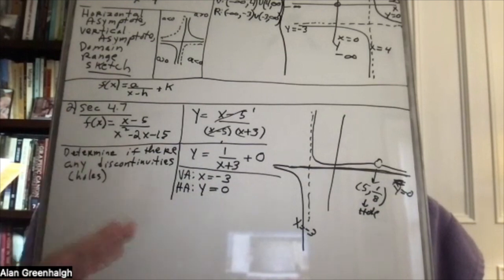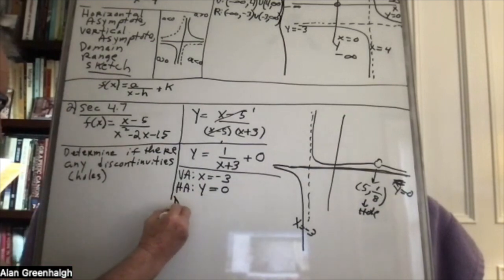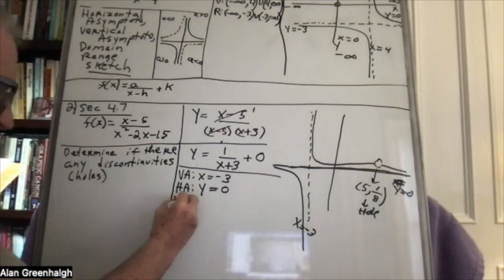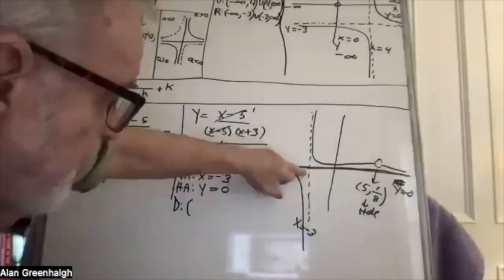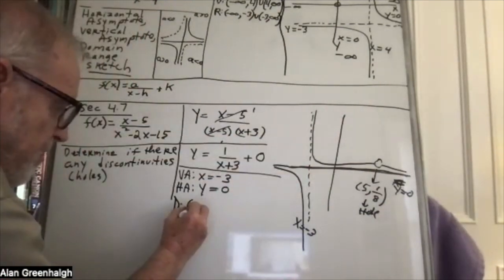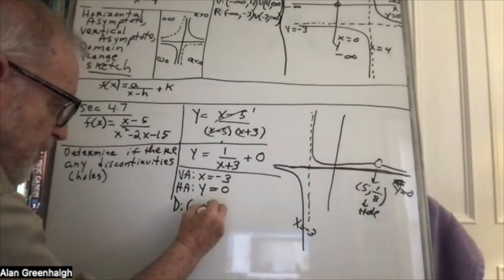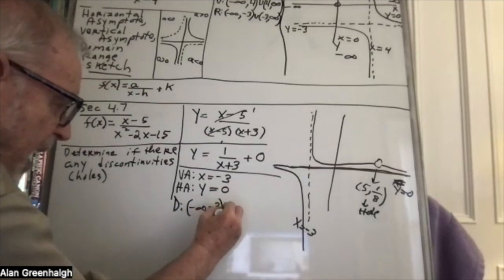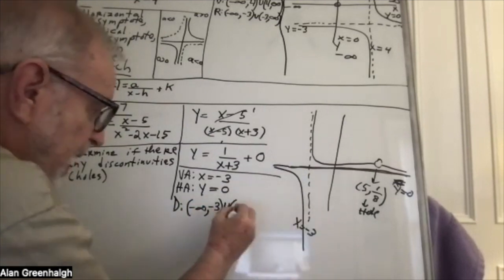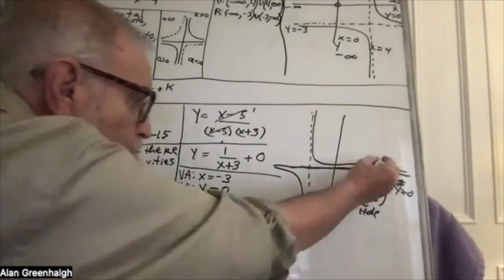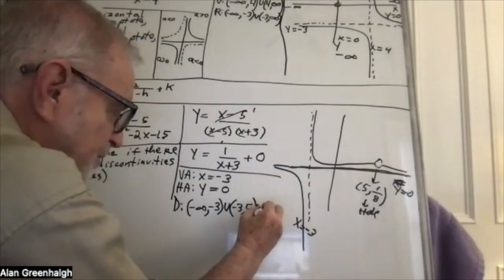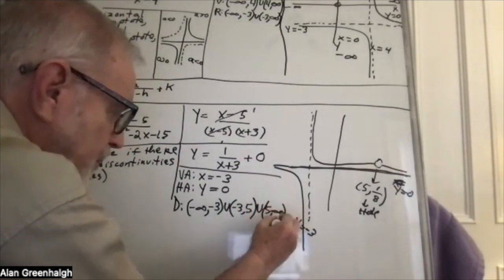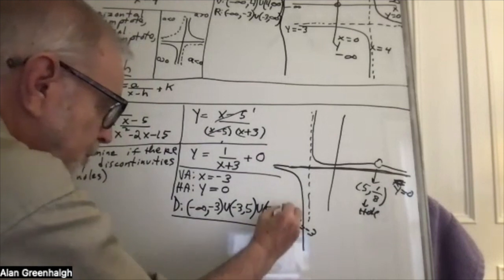But now you have to create the domain, which is a little more of a challenge, because now the domain will go from -infinity to the vertical asymptote, and then from the vertical asymptote to the hole in the graph at 5, and then after 5 to infinity. And this is the domain.